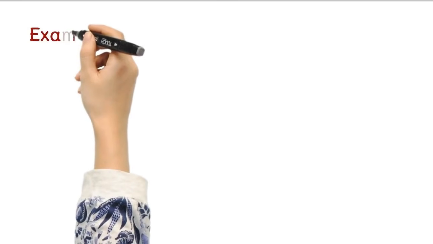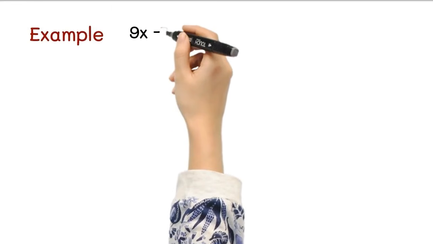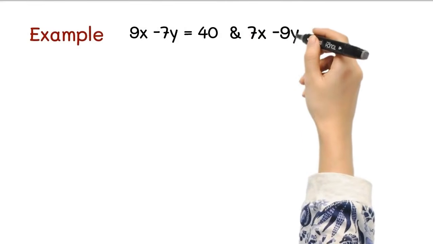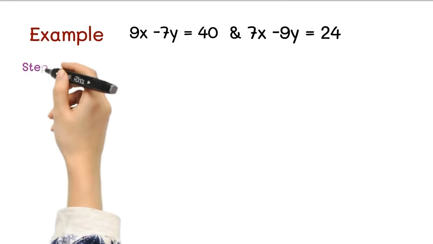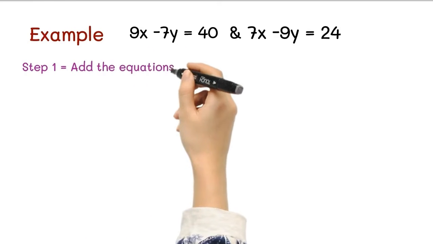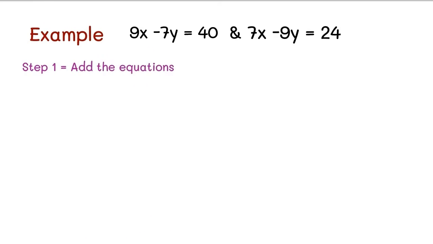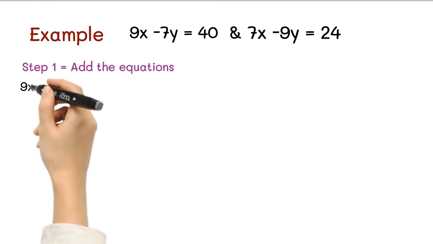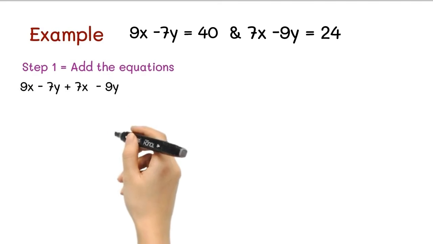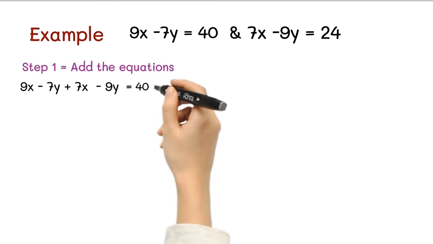Let's take one more example on it. Example is 9x minus 7y equals 40 and 7x minus 9y equals 24. According to the sutra, in the first step, we need to add both equations together. So, by adding equations, we get 9x minus 7y plus 7x minus 9y equals 40 plus 24.